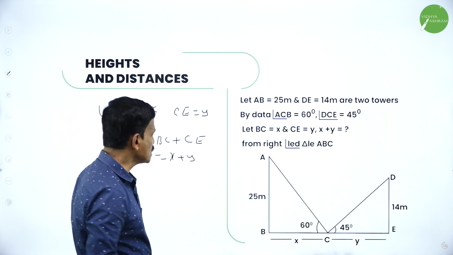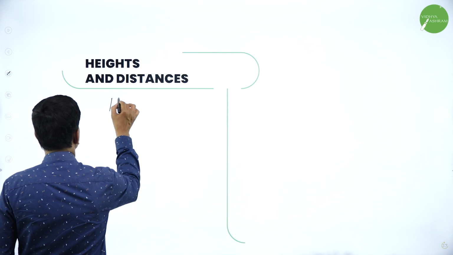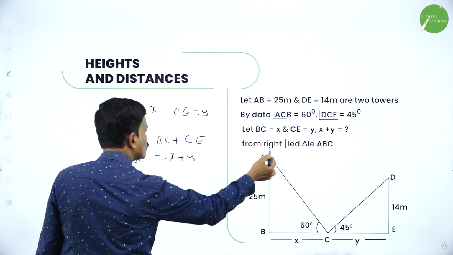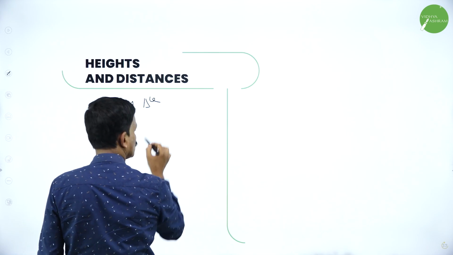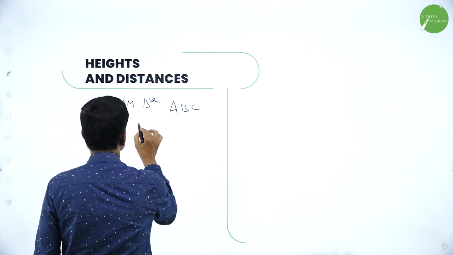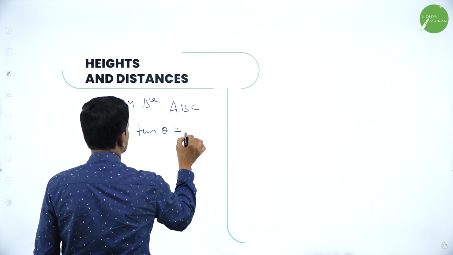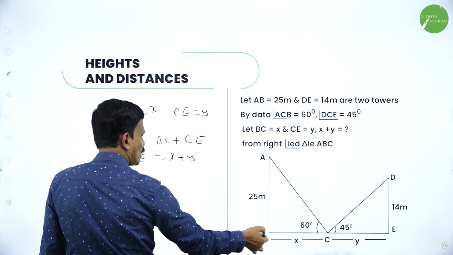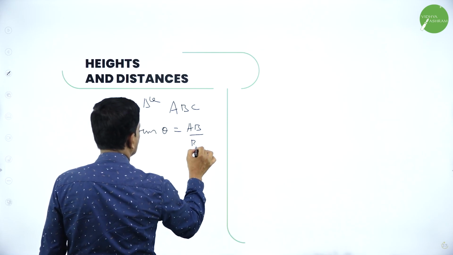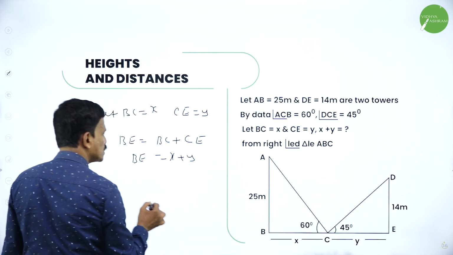Just find out tan 60 degrees from triangle ABC. What is tan theta? Tan theta is opposite by adjacent, that is AB by BC. What is the angle? 60 degrees.